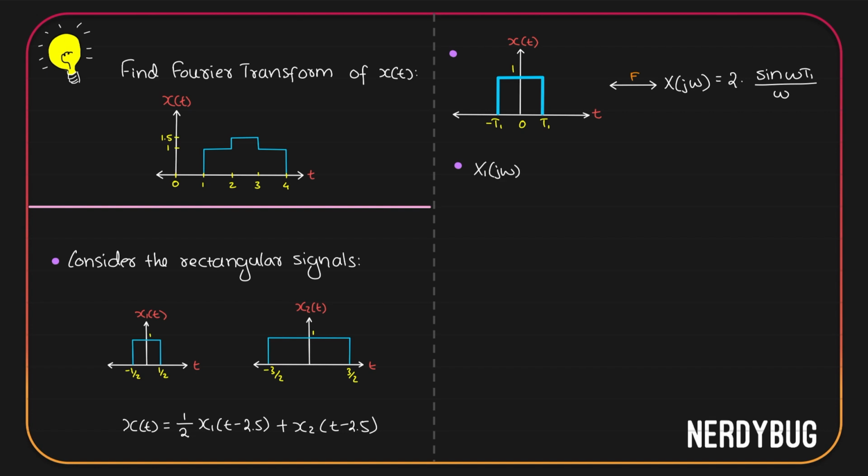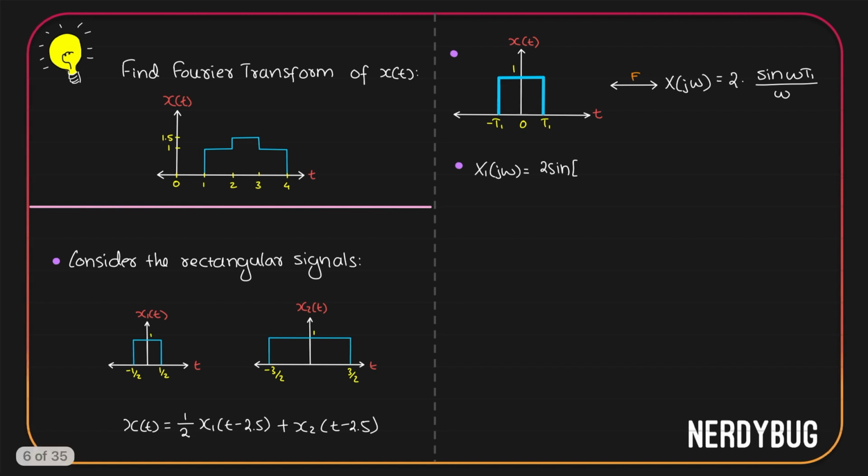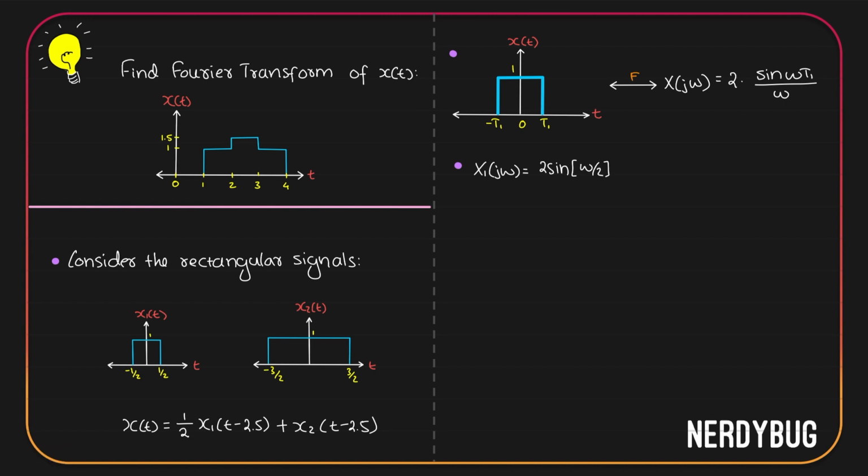X1 of j omega here will be 2 sine omega t1. T1 here is 1 by 2. So 2 sine omega by 2 divided by omega. The same way, x2 of j omega will be 2 sine omega t1, t1 here is 3 by 2. So 2 sine 3 omega by 2 divided by omega.